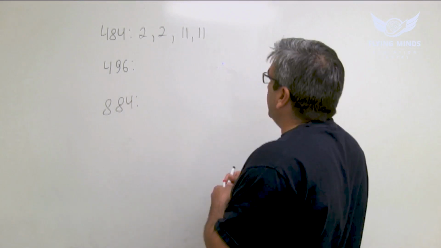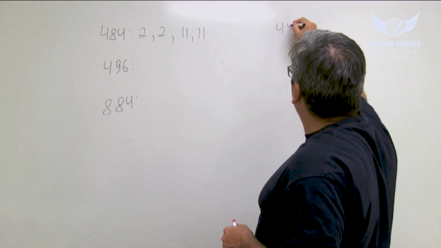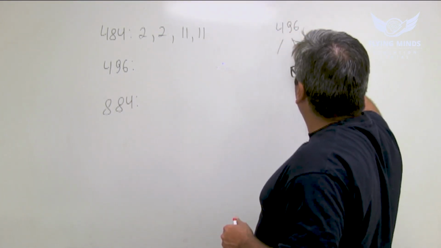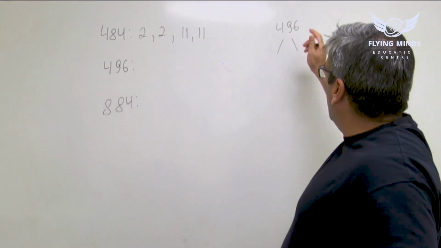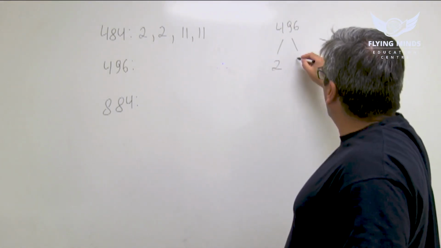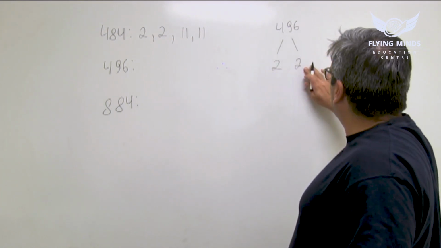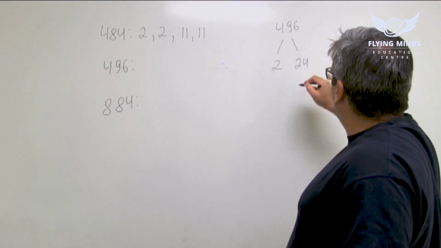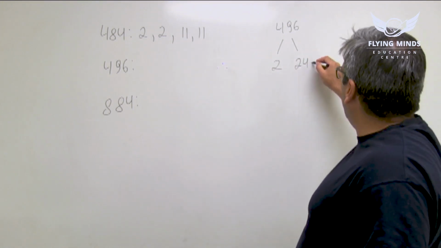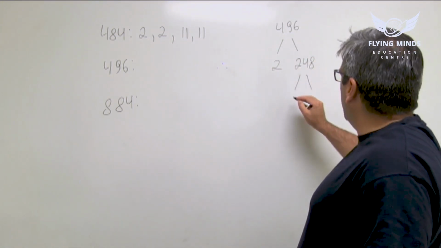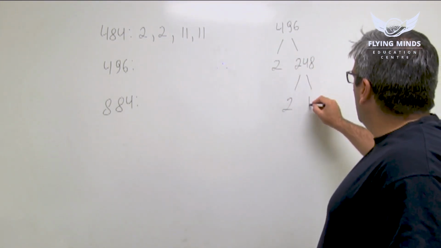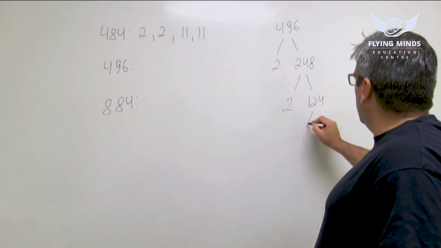So 496. Right? So even number we divide by 2, so it will be 248. Again, even number, so it will be 2 and 124.